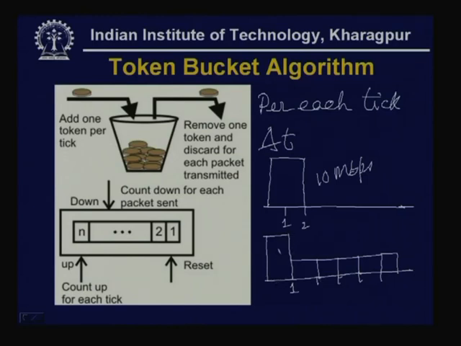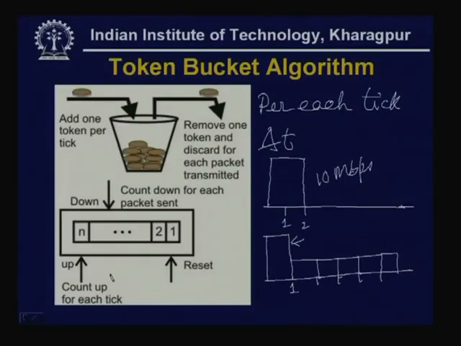As you can see, initially there were accumulated tokens, and because of that the data is transmitted at the rate at which it has been introduced into the network, and after that it is transmitted at the token rate. Both the leaky bucket and token bucket algorithms can be implemented by the operating system or by a network interface card which is connected to the network. It is implemented with the help of a counter which is initialized to 0 in the beginning, and then per each tick the counter is incremented.